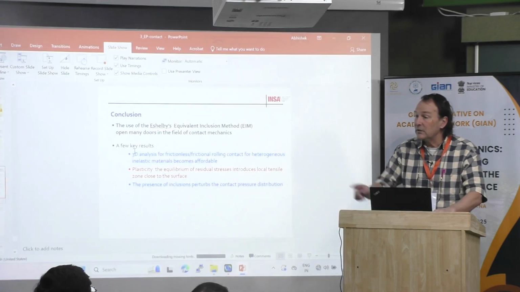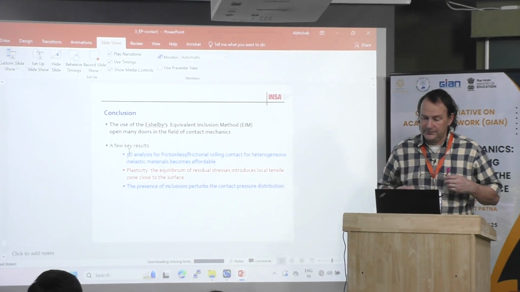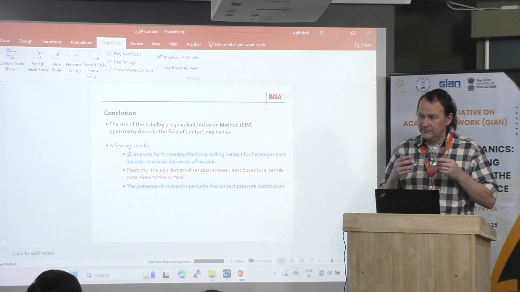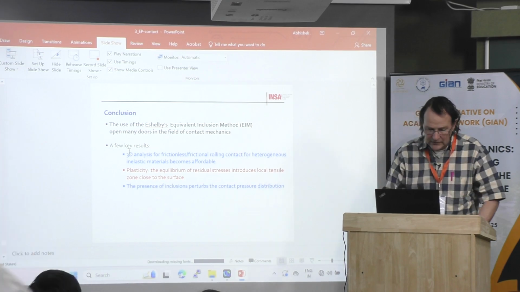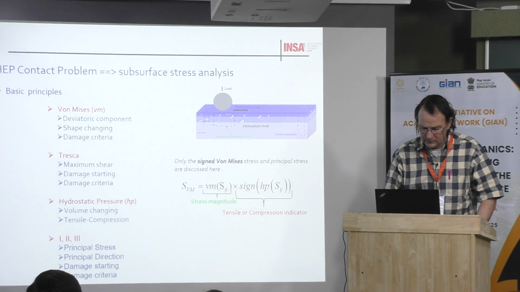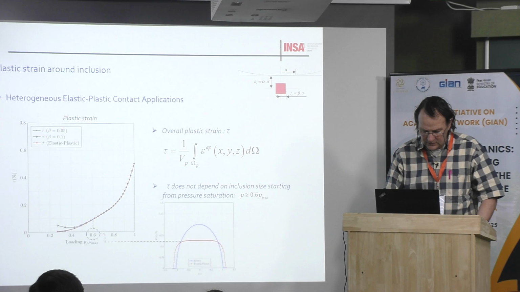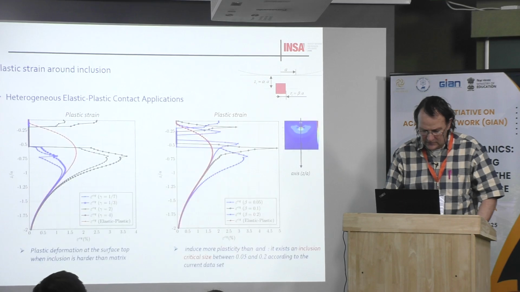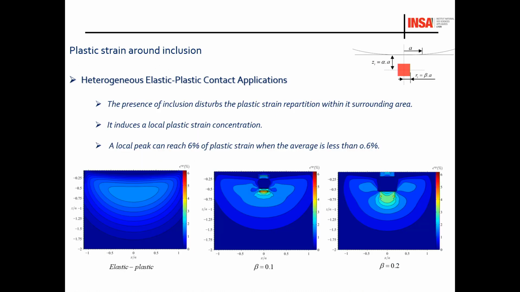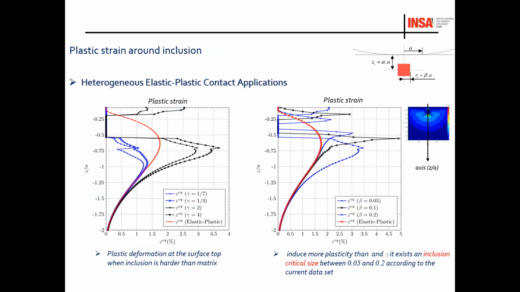Then, okay. You have a question? I saw a couple of slides before the plastic strain is not affected by the inclusion. No, it should be affected, but very locally. Maybe I don't know which. It was almost at the end, just before, in a couple of slides.